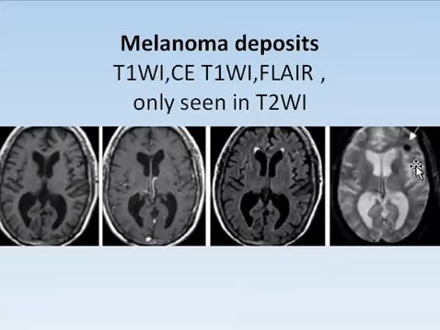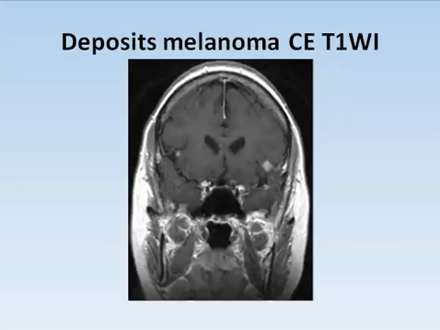Again, melanoma deposits are seen in T2 weighted images as blooming, as a low intensity focus, and you can hardly see anything, only seen in T2 because of the content. Deposits of melanoma may show some contrast enhancement in contrast enhanced T1 weighted images.